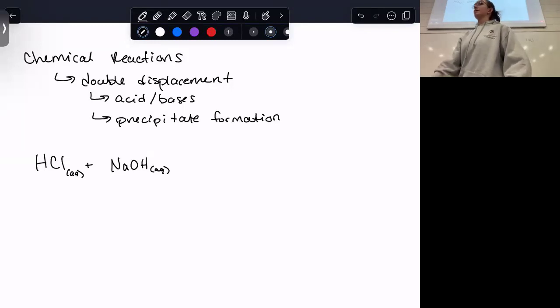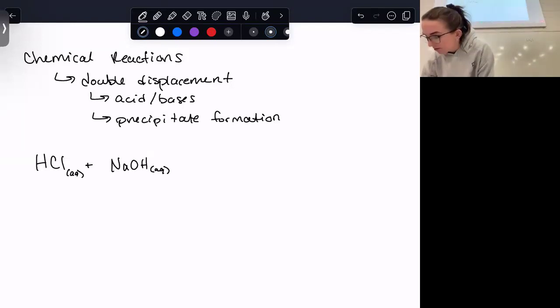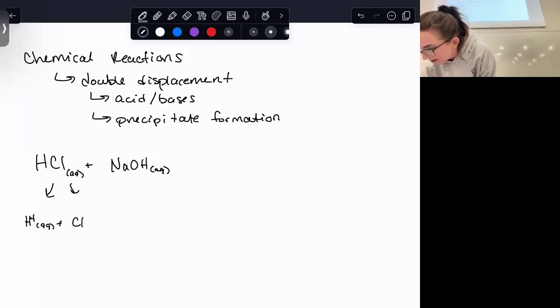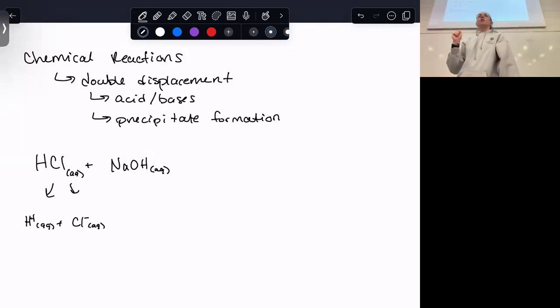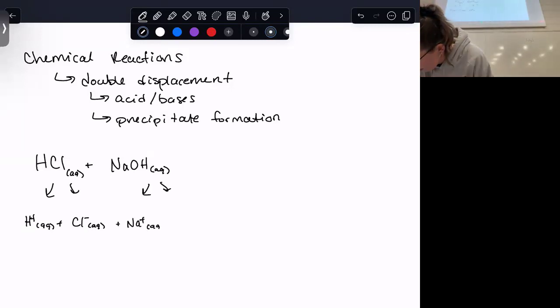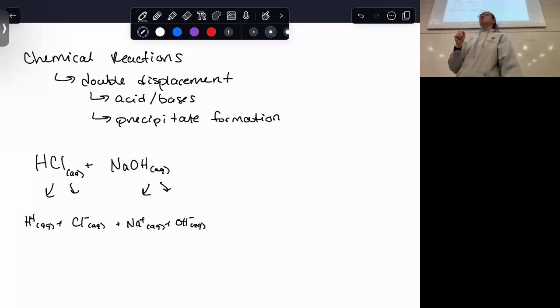They separate. Yep, so we can split HCl into H+ and Cl-, and we can do the same thing for sodium hydroxide. So we're writing that left-hand side of our equation, just broken up into the ions.